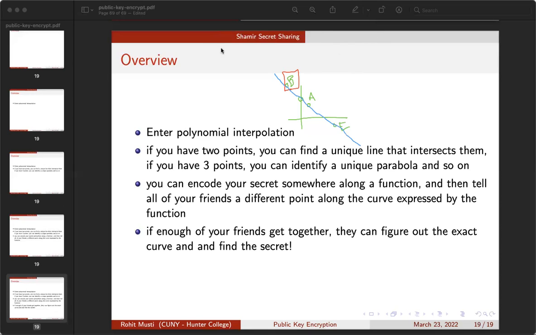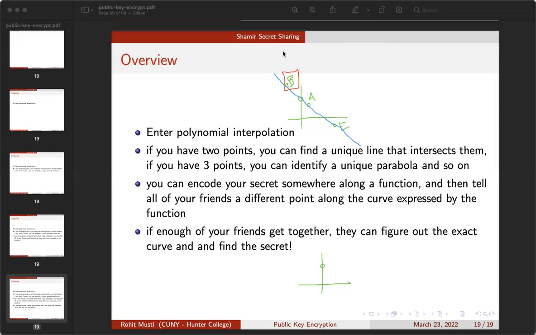So to give an example of the parabola case that was alluded to, the parabola case would look like this. Let's say I have some children and I want both children, if they want to unlock my will, they need to be together. That's something that I want as an old person when I pass. What you could do is encode your secret here.